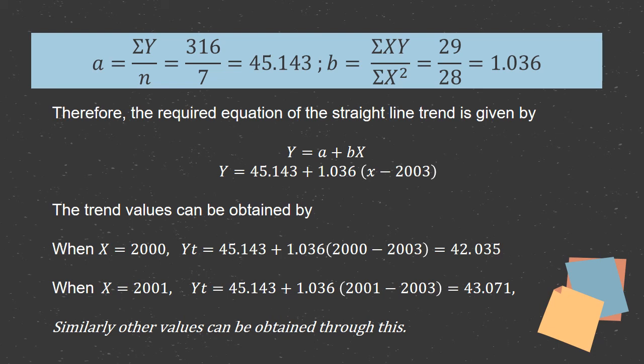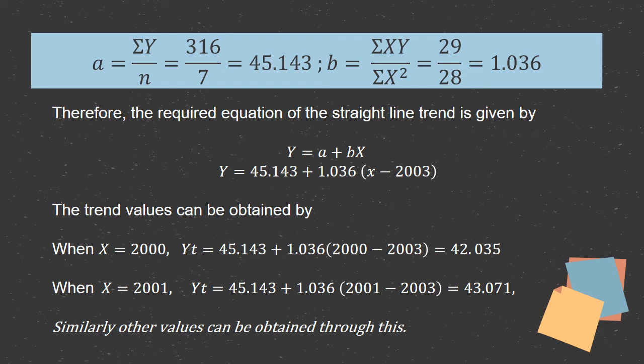The trend values can be obtained as follows. When x = 2000, y t = 45.143 + 1.036 times the quantity 2000 minus 2003, which is equal to 42.035.